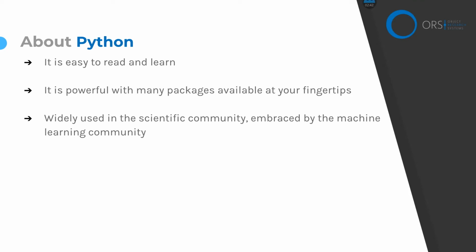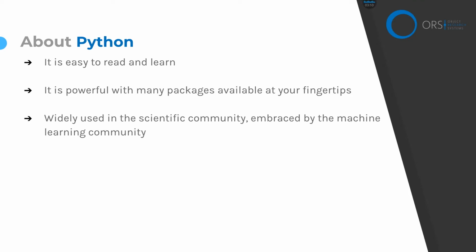So why do we choose Python for programming? It's because it's easy to learn and easy to read. Anyone who can understand English can read through it and understand what's going on. It's not very complex, and it forces you to write in a very specific style, so it's always easy to read. It's also very powerful. There are many packages.